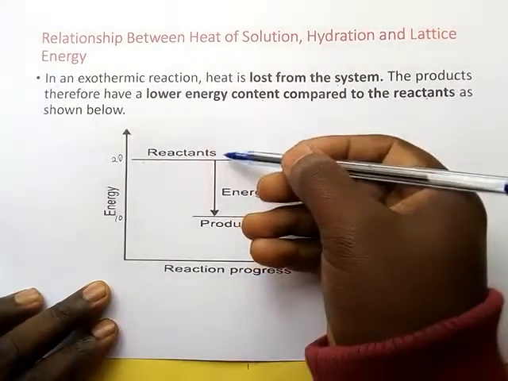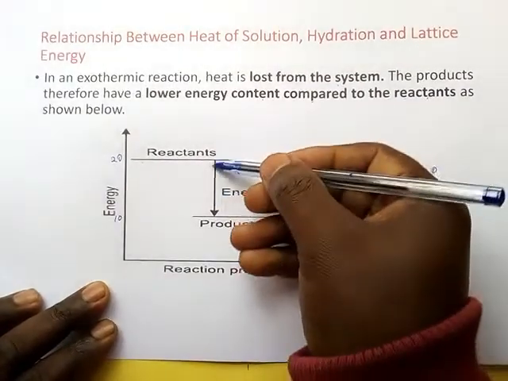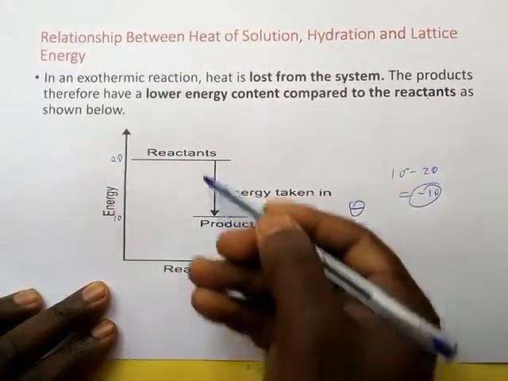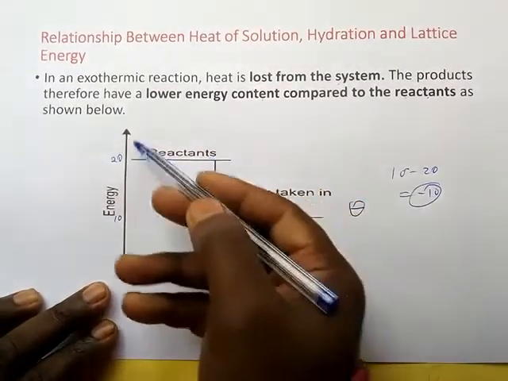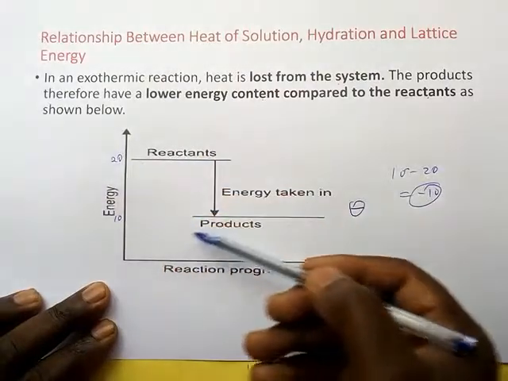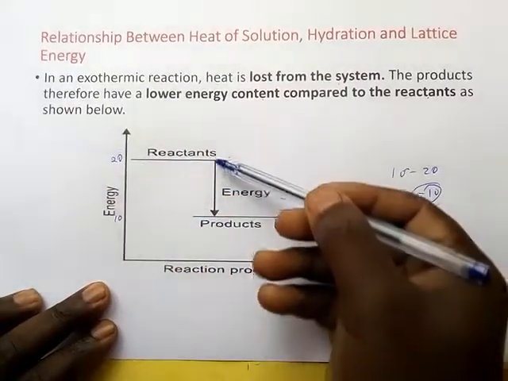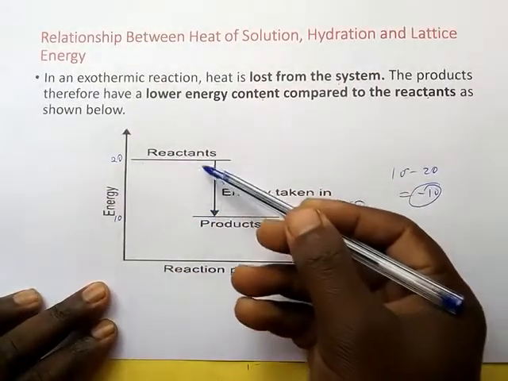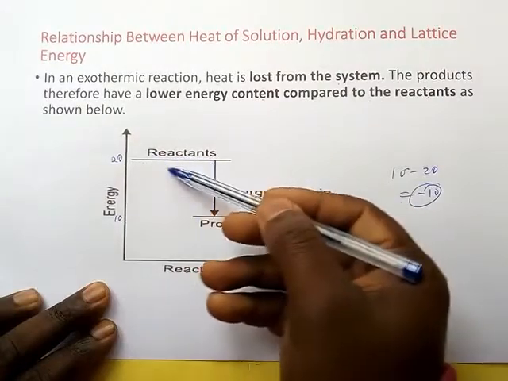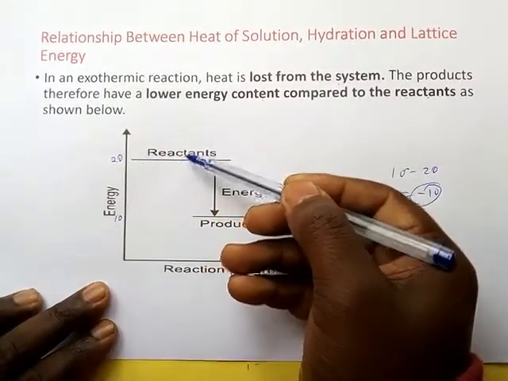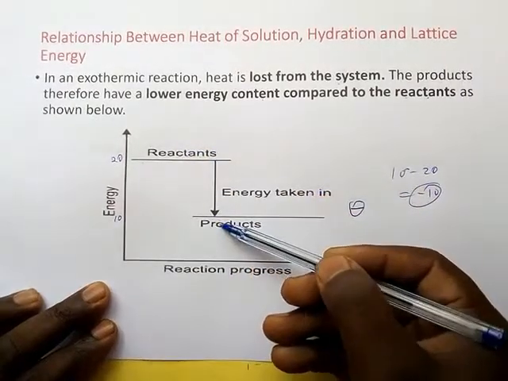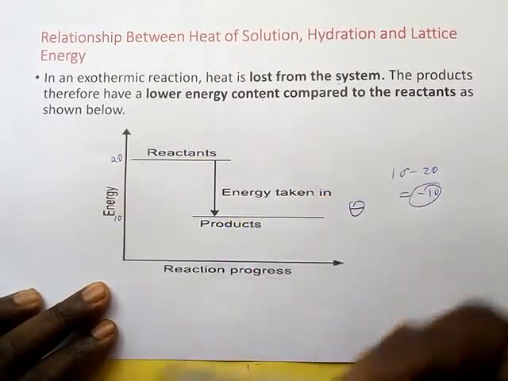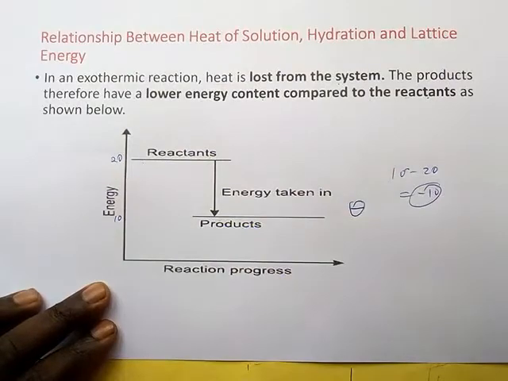That's why in an exothermic reaction, the products are below the reactants. Let me repeat that. In an exothermic reaction, when you are drawing an energy level diagram, the products must be below the reactants. The reactants should have higher energy content, and the products have lower energy content. That's another quick reminder.